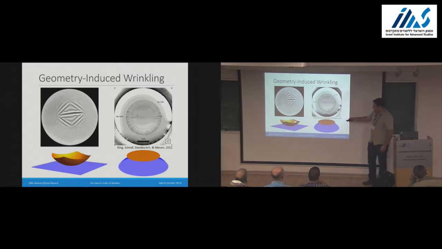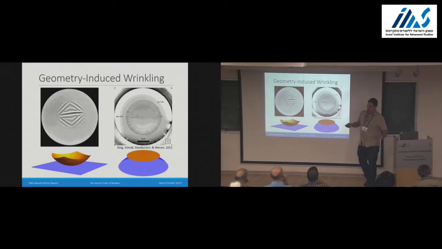There is some mismatch between the natural geometry, G bar as Effie called it, of the sheet and the geometry of the surface on which we confine it. This results in excess area or excess length of the material. Here it's around the center, here it's around the sides. And this excess length is accommodated in the form of wrinkles, just like in the uniaxial case.